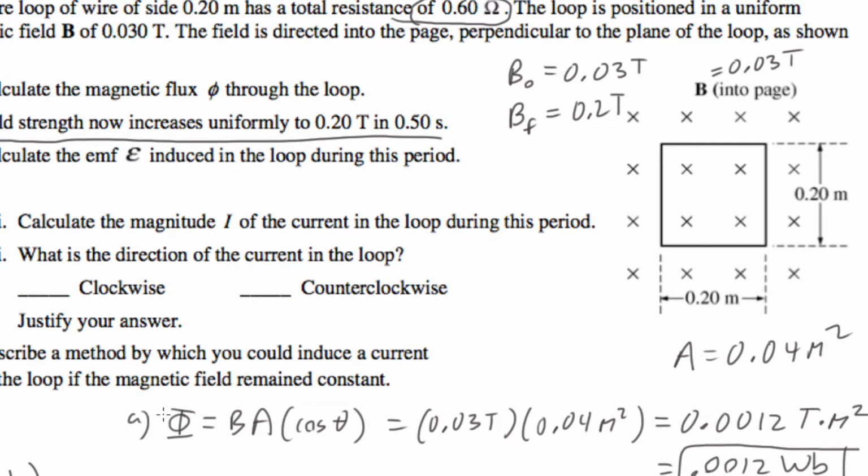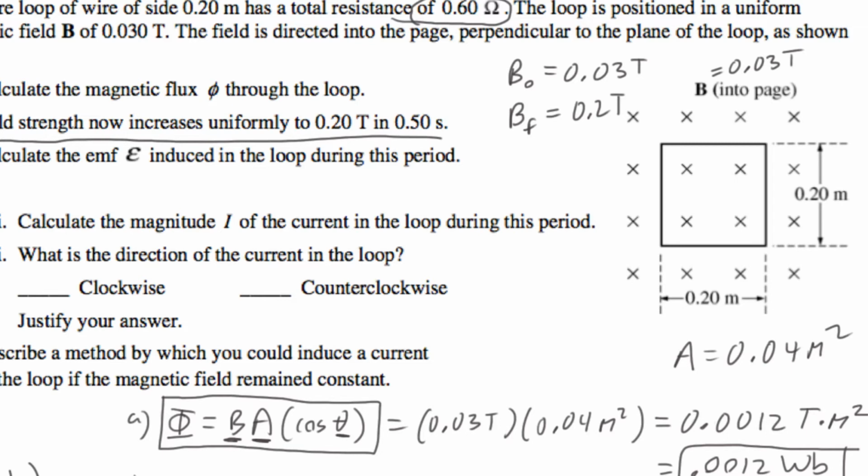When magnetic flux changes, so here's our equation for magnetic flux, when magnetic flux changes, we get induced voltage. Now in this problem, what's causing the flux to change? Is it B, is it A, or is it theta? Which one's changing? B.